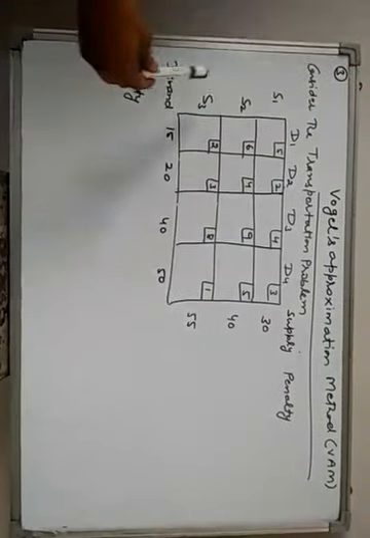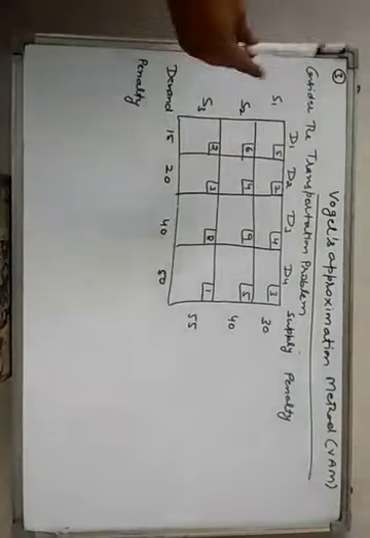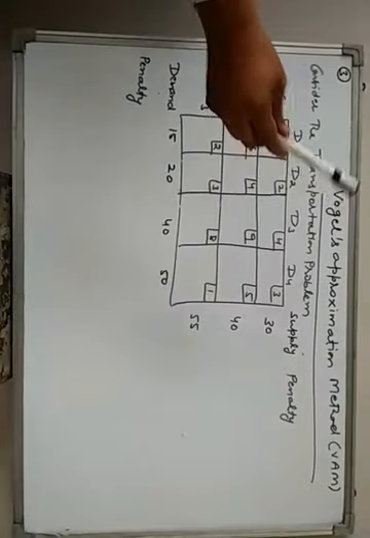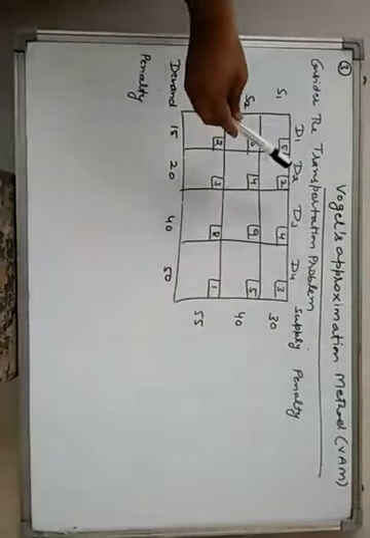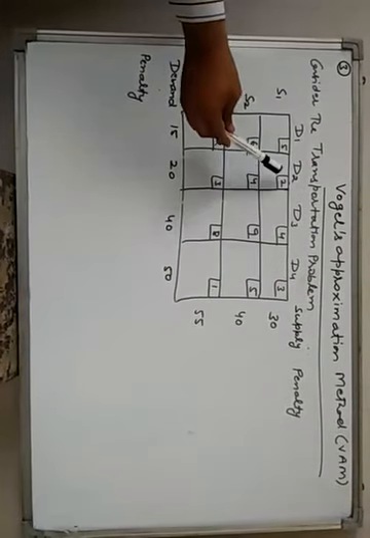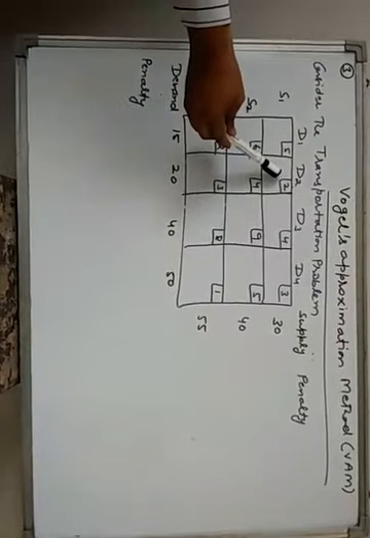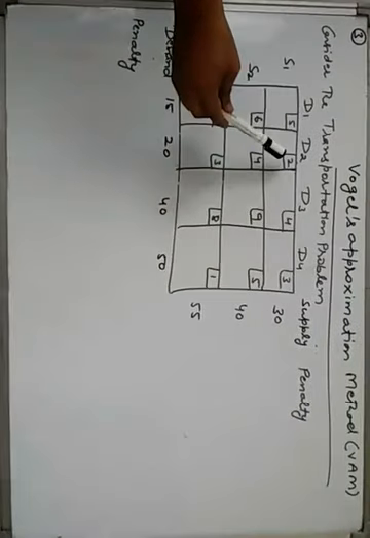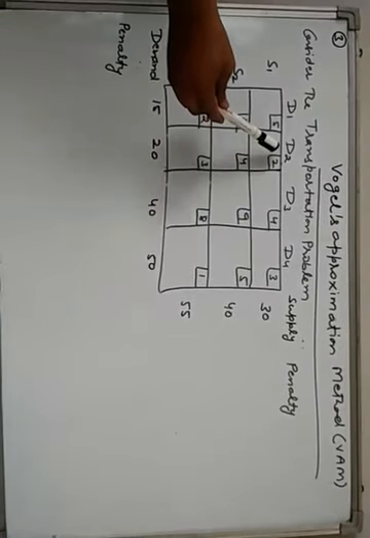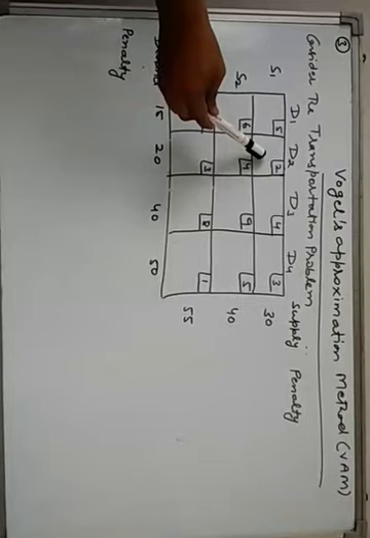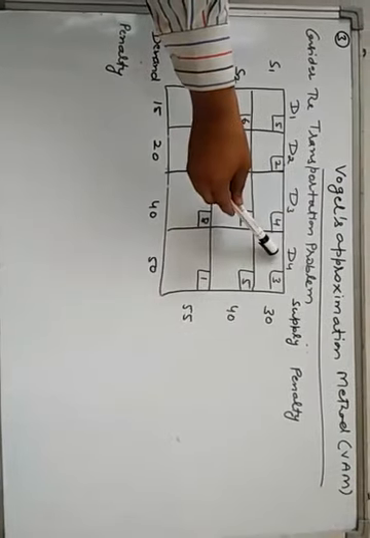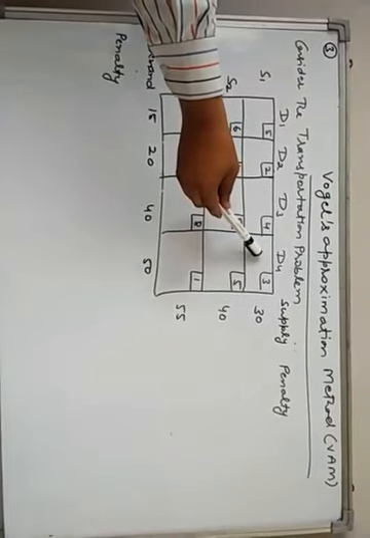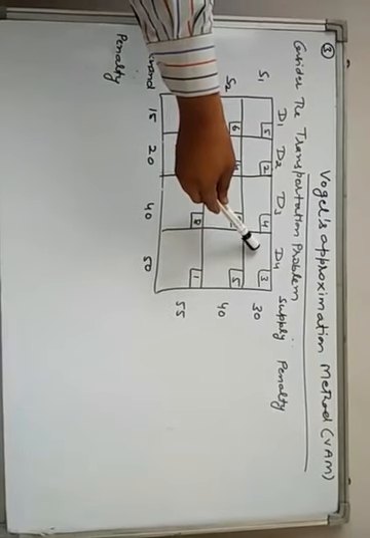First, we will calculate penalty. To calculate penalty, take the first row, choose its smallest entry, and subtract this from the entry next higher to the smallest entry.